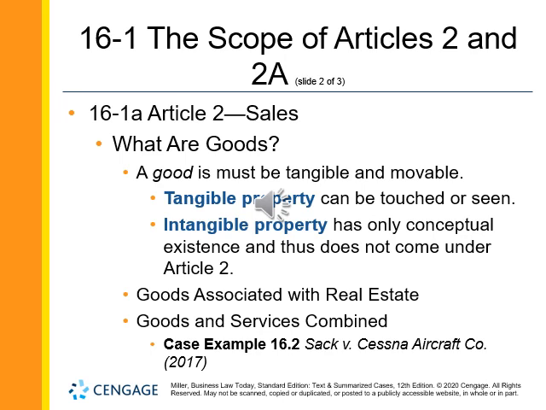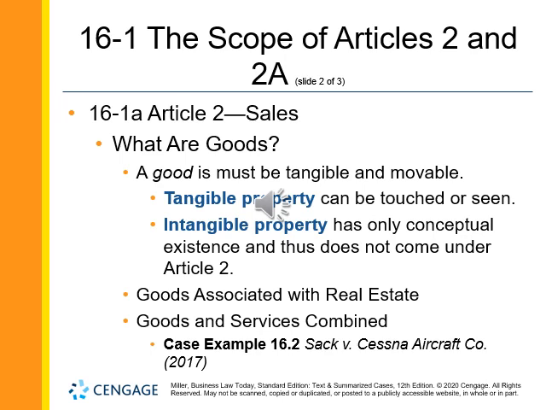To be characterized as a good, the item of property must be tangible, and it must be movable from place to place. Tangible property has physical existence. It can be touched or seen.